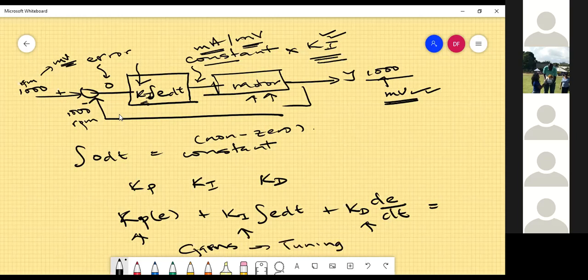All right. The method that we use to find Kp, Ki, and Kd, remember now, we can use pole placement, or we can just use the tuning for the PID controller.